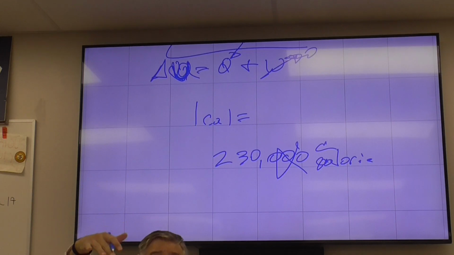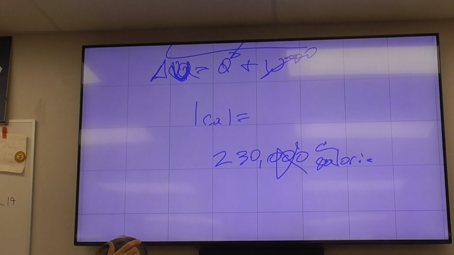That's basically it. So we change it from a lowercase c to an uppercase C, also called a kilocalorie, and that's 4,186 joules.